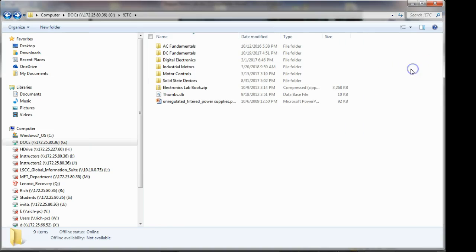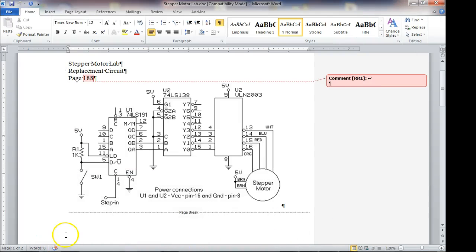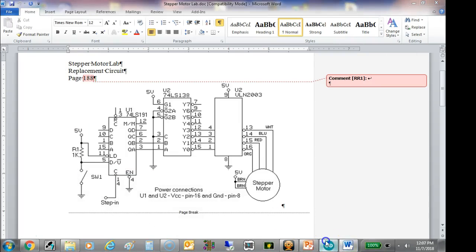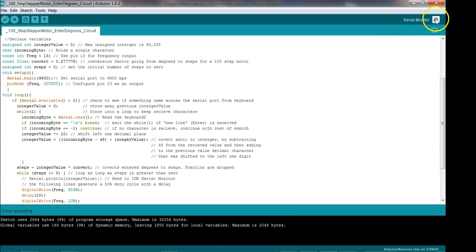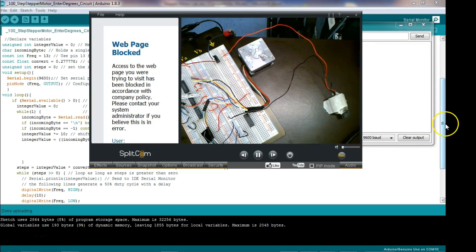The Arduino program I have written is set up so I can just type in degrees. If I said 360 degrees, the motor would turn exactly one revolution, and then it would stop.